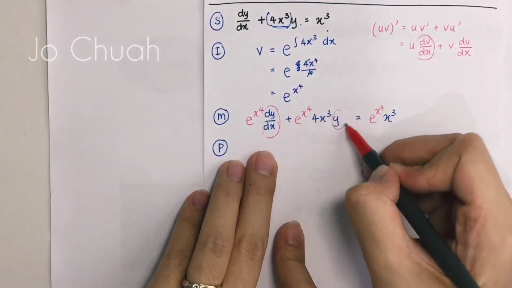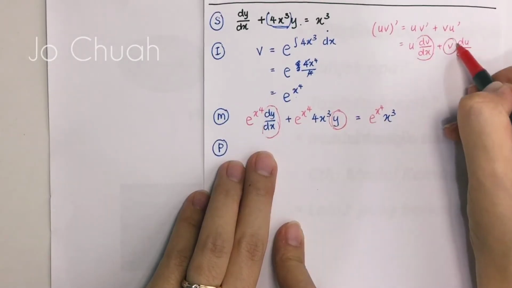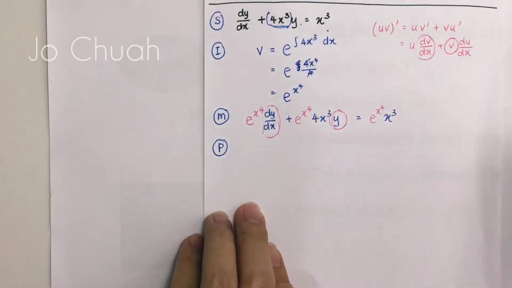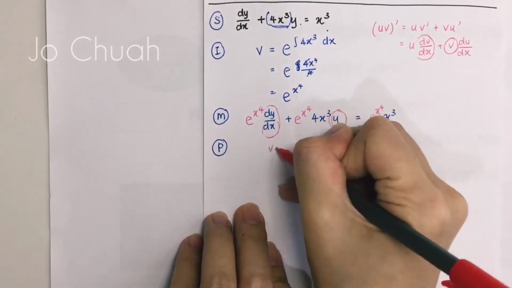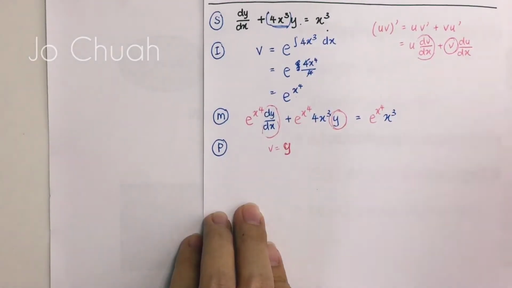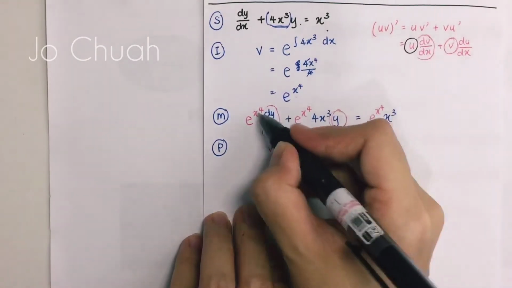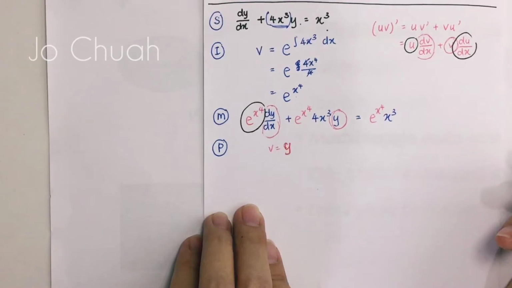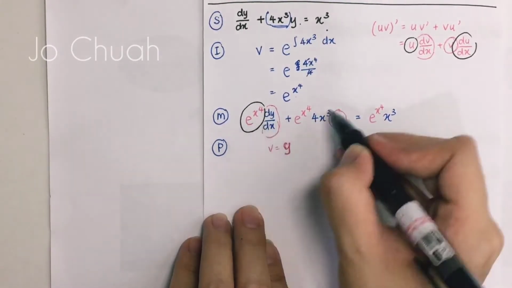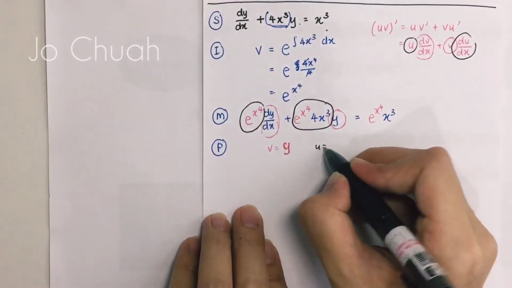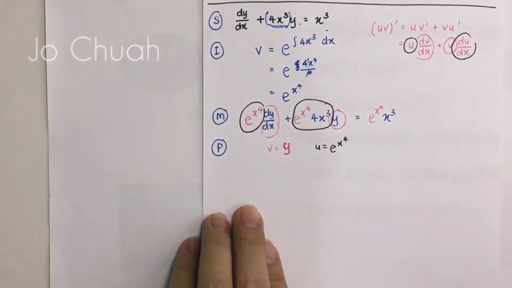So here is v. So your v for this case is actually y. Alright, we compare again. So you have u to be this one, your du dx, which the differential of this one is actually this one. Alright, so your u is e to the power of x to the 4.